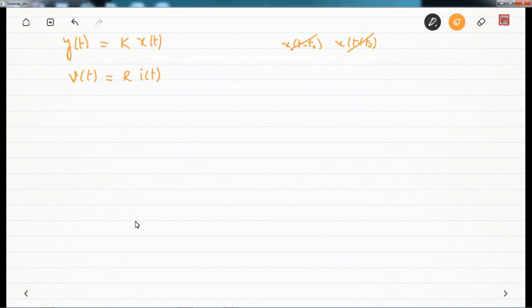V is equal to IR, or I is equal to V by R. So a resistor is an example of a memoryless system, right?